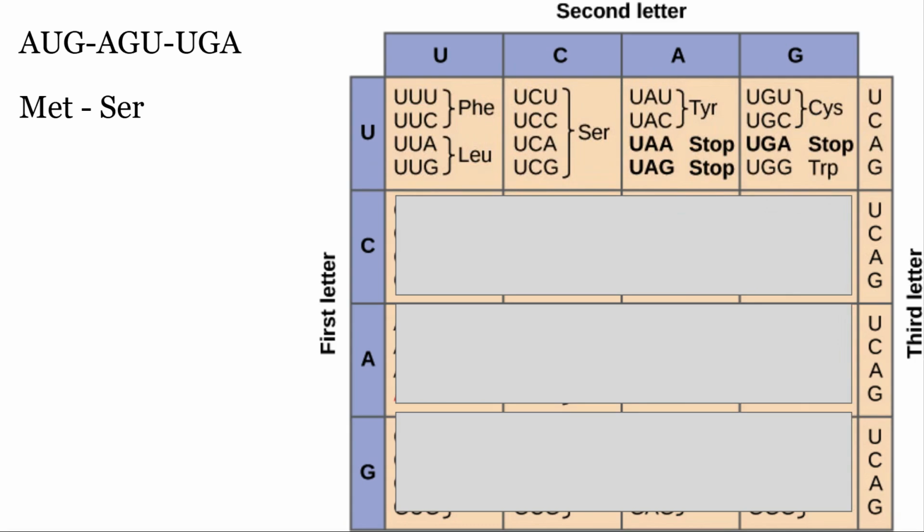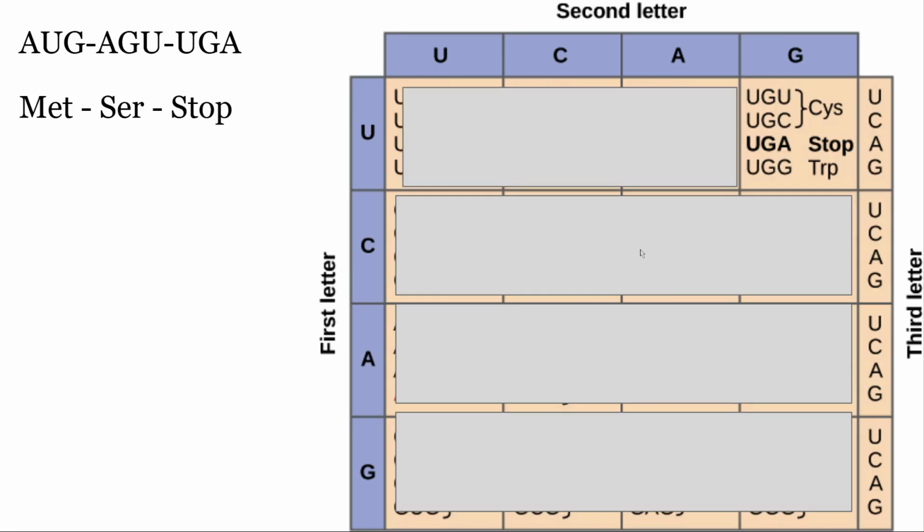We're almost done. The third letter is U, so that tells us we're in the top row. Our second letter is G, so that's the far right-hand column. And then we look at the third letter being A, and it gives us stop instead of a 3-letter abbreviation. Stop means stop.